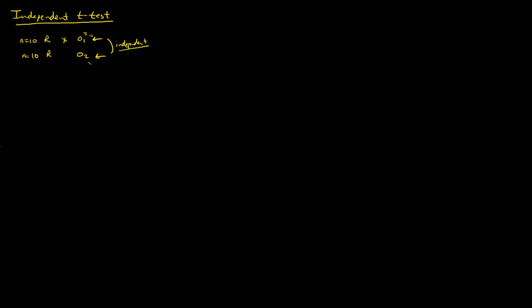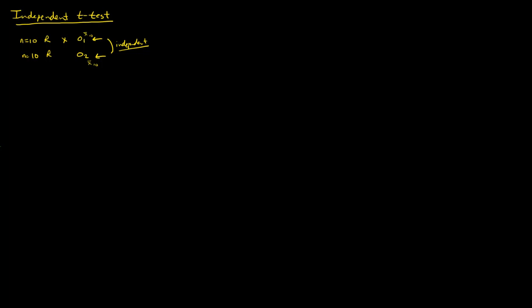The O2 is going to be an X bar or mean of these 10 individuals. And those 2 groups are independent of one another, and we call this a parallel group design. So all 10 folks that are in the bottom never crossed over into the top row, which was getting the treatment. So these 2 groups are independent of each other, and that's what the independent t-test is going to measure for us. So what is then the equation?